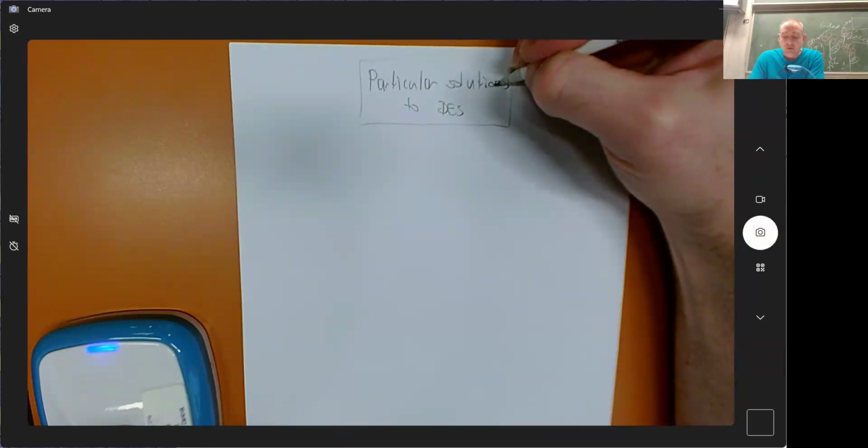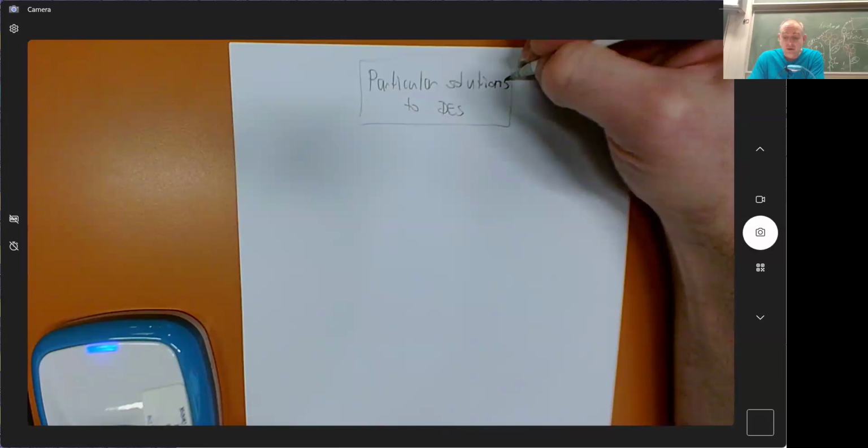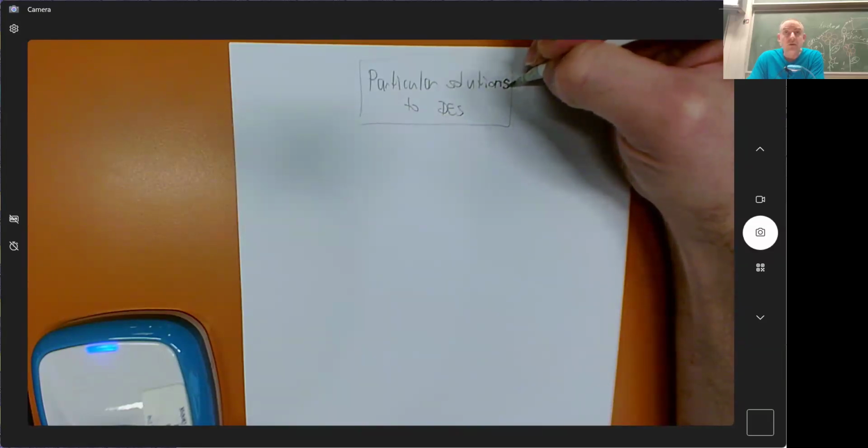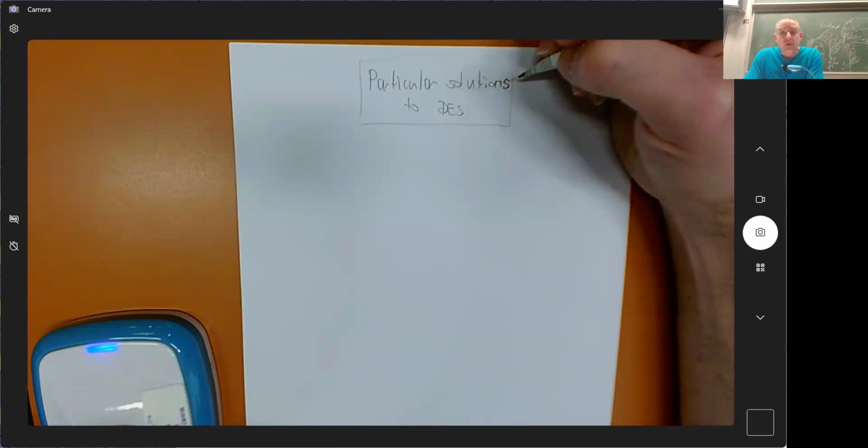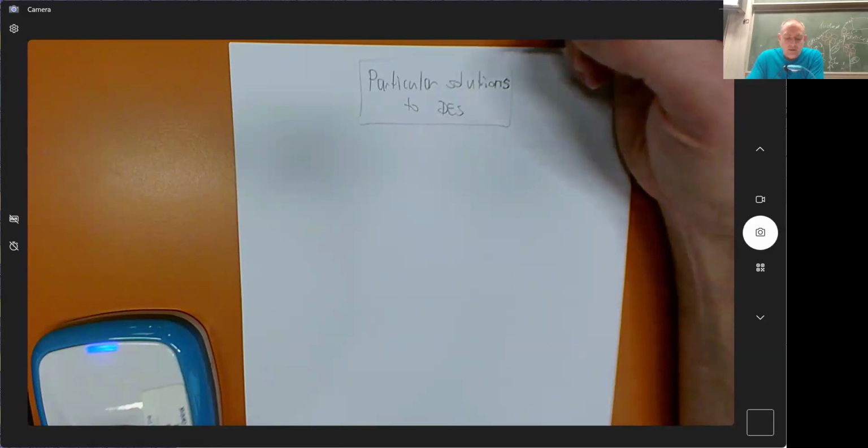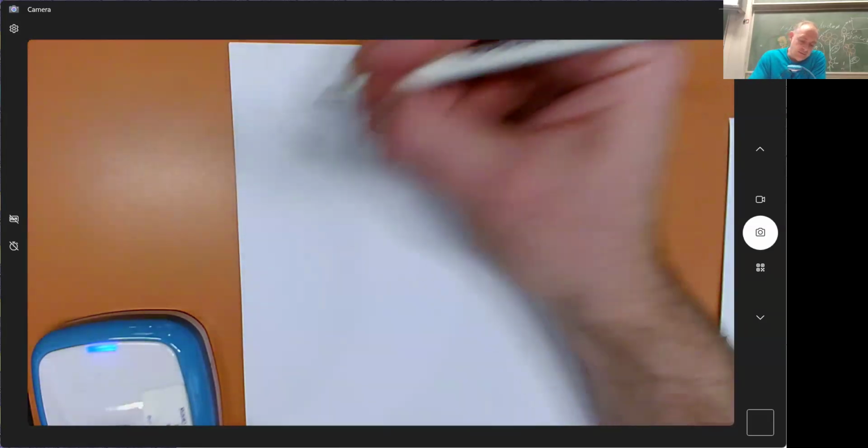One of the ways of solving one is to find solutions to the homogeneous equation and then find one particular solution to the original and then add them together. So this is the idea.